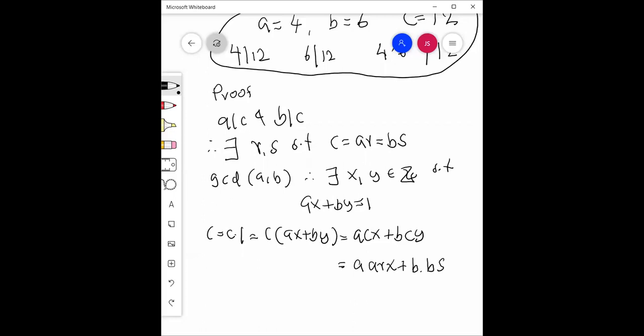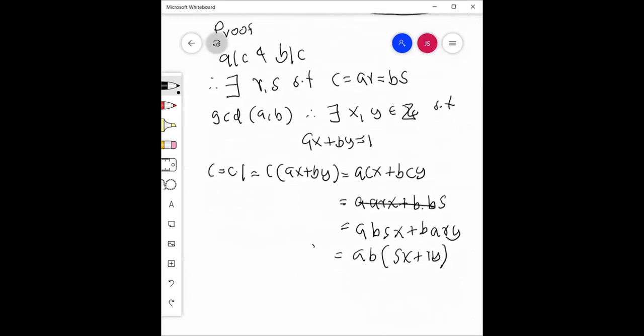Sorry, put BS there. Okay. So it becomes AB SX plus BA RY, right? So you can take AB out: AB times (SX plus RY). What does that mean? Now C is equal to AB times (SX plus RY).